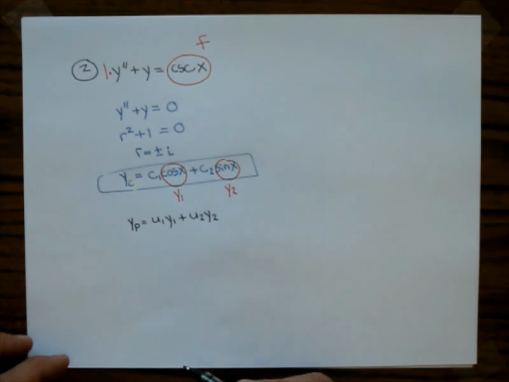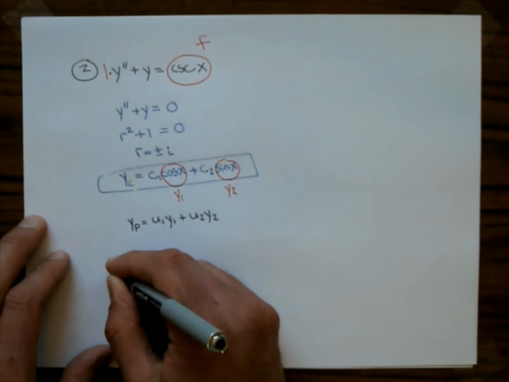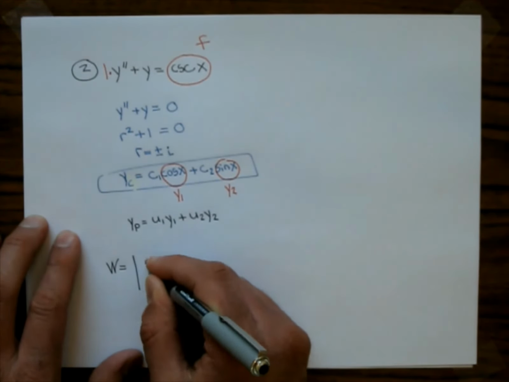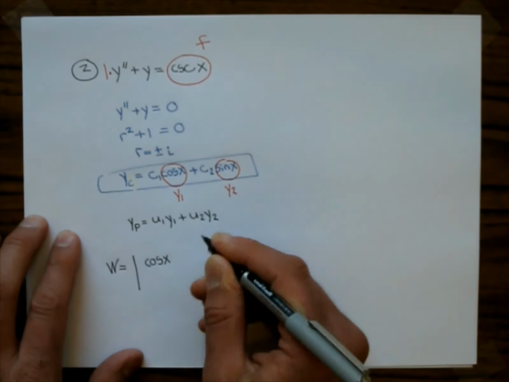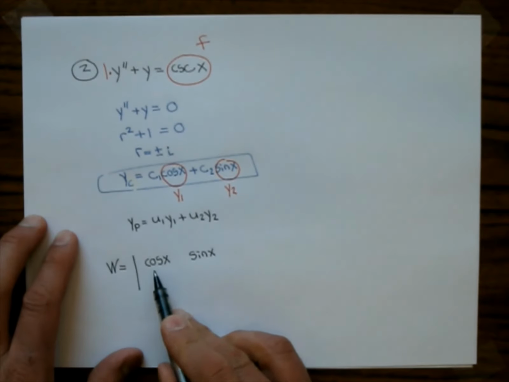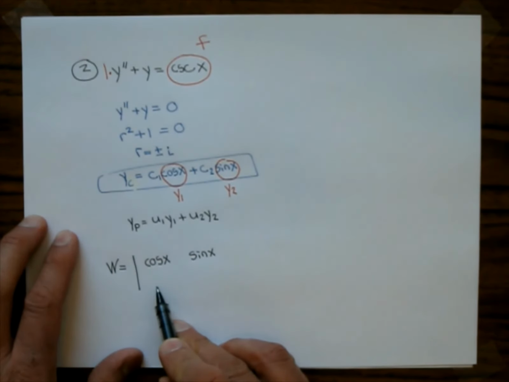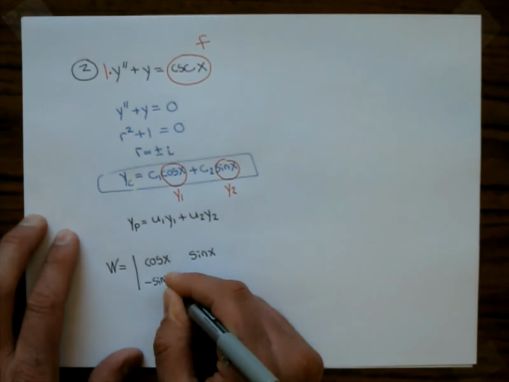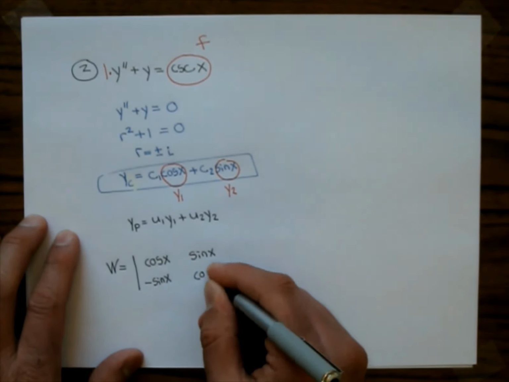So, next step. Step 4 was identify y1 and y2. Step 5 is compute the Wronskian. The Wronskian of y1 and y2 looks like this. You put y1 there and y2 here, and remember, you take the derivative of this and write it below. The derivative of cosine is negative sine, and the derivative of sine is positive cosine.